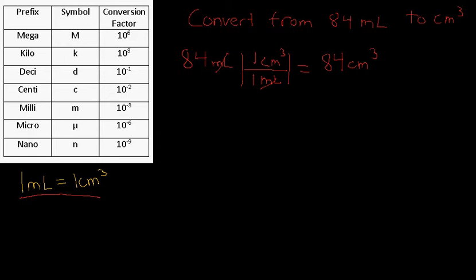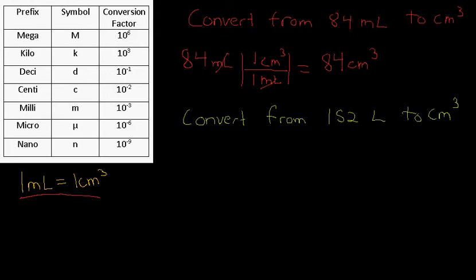Let's say they want us to convert from 152 liters to cubic centimeters. A little bit tougher for this one. We don't have a way of relating liters directly to cubic centimeters. However, we can relate liters to milliliters, and we can relate milliliters to cubic centimeters.